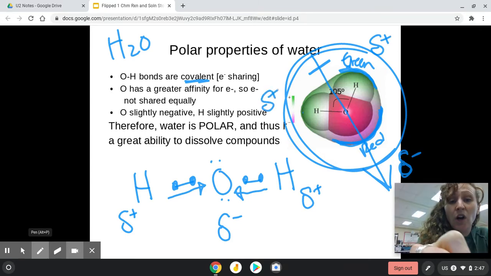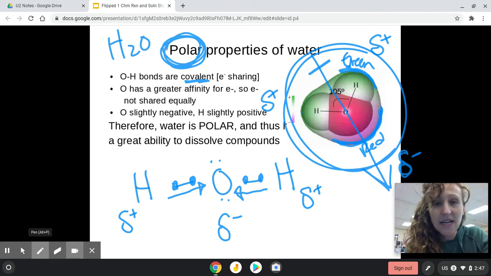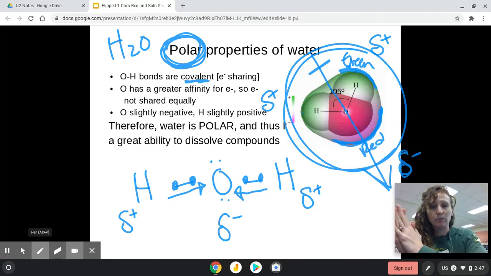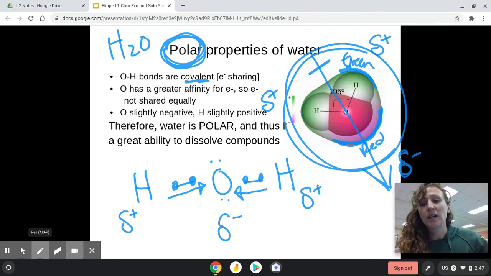This is what we call a polar molecule. A polar molecule has partial charges. It is different than an ionic molecule, which has actual charges. The electron actually gets transferred, and you have complete charges occurring at each end of the molecule. Well, here we have partial charges that occur in different parts of the molecule.